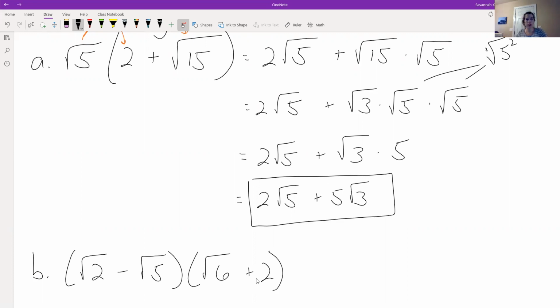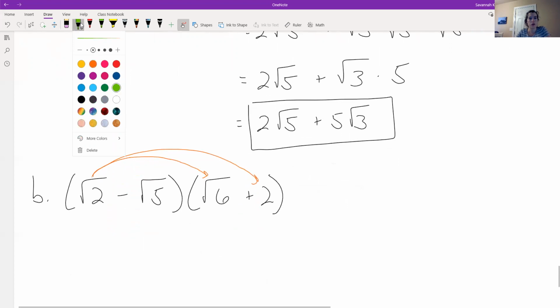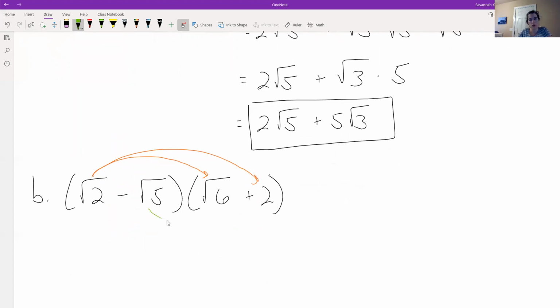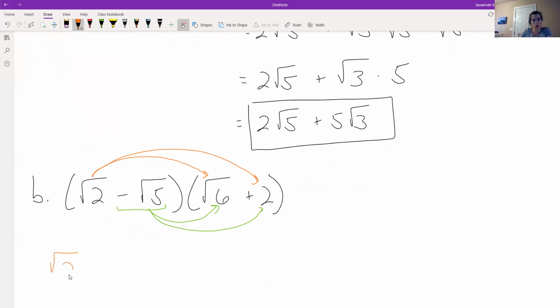All right, so let me very carefully take my square root of 2 and distribute it through, and then its turn will be over, and we will focus on the square root of 5 getting to do the same thing, and it's technically a minus square root of 5. We're going to be bringing that negative along with it. Okay, so we get the square root of 2.